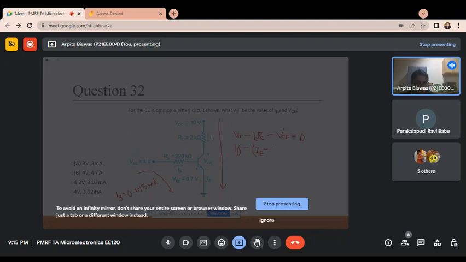IB value is given here. Just put the value of IB and then multiply with RC. It is 2 kilo ohms.